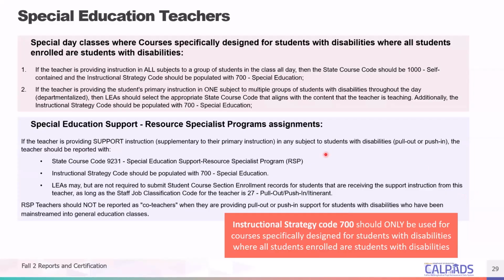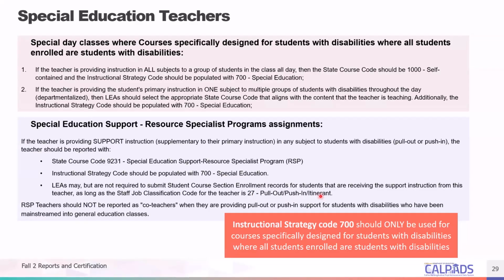To report them, you assign the teacher to the appropriate RSP state course code of 9231, meaning you have to create their own class, and you use 9231, which is Special Education Support Resource Specialist. Now, you also have to identify the course as special ed only, so you identify their instructional strategy code with 700. Now, that teacher has to be reported with a 27, which is push-in pull-out.